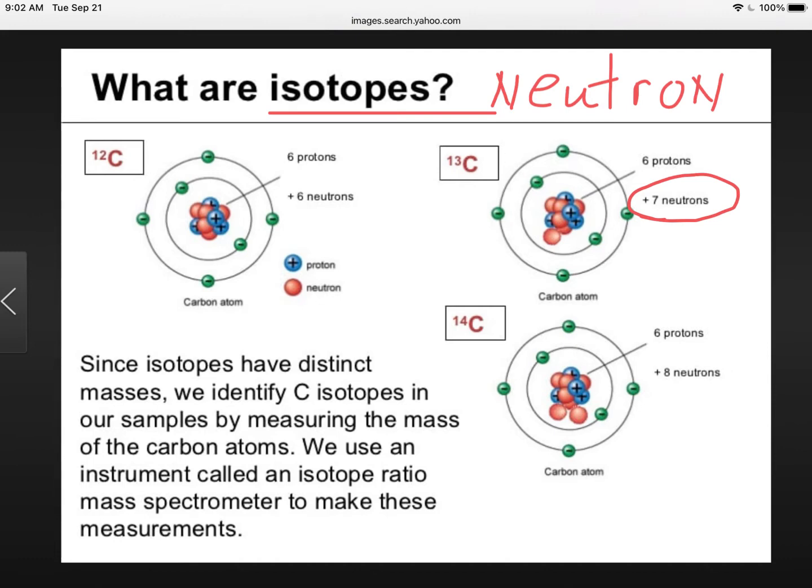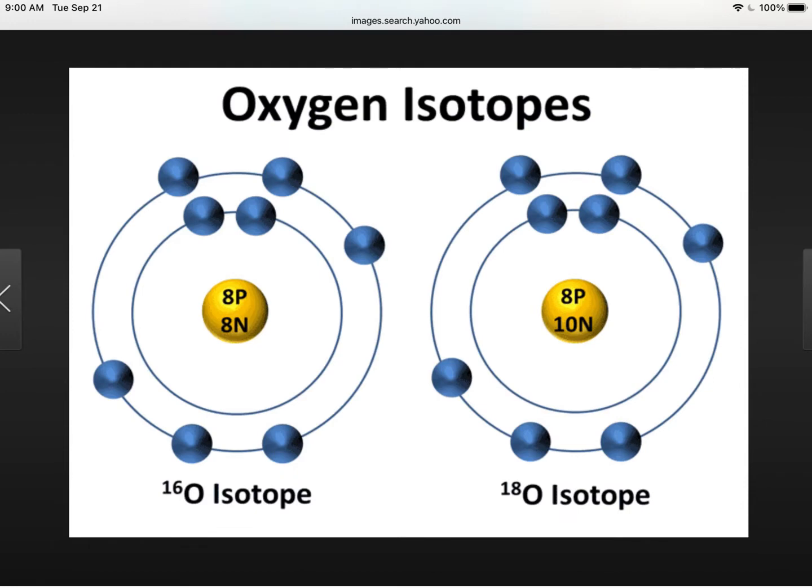Now don't forget that this goes in your INB notebook. So let's look at oxygen here. And let's say we have two different isotopes. So you have an oxygen that has a mass of 16. Remember that your nucleus, your protons plus your neutrons, is what gives you your mass.